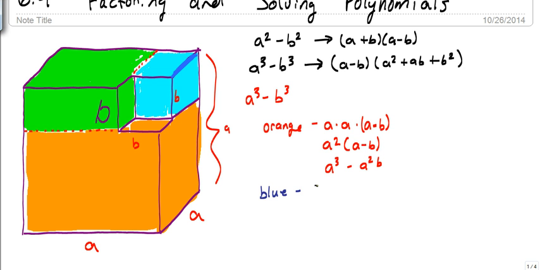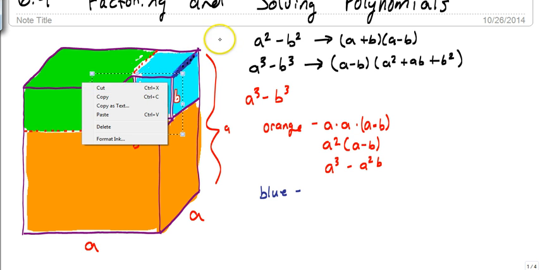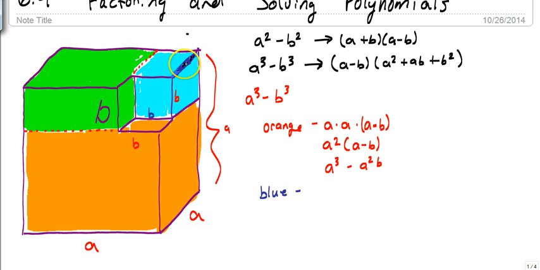The volume of the blue piece: I've got this side right here, this side up and down, that's b. And then this side right here is also b. So I've got b and b. Now I have to figure out how far this is. Again, if this whole side is a, and I draw a dotted line all the way out to here, that whole side is a.